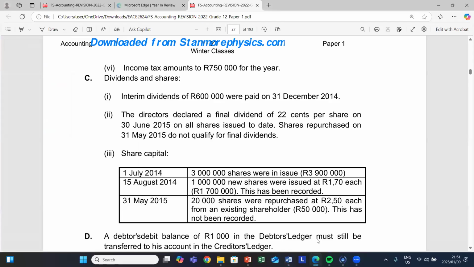Let's look at the following transaction. The second transaction states that the directors declared a final dividend of 22 cents per share on the 30th of June 2015 on all shares issued to date. Shares repurchased on the 31st of May 2015 do not qualify for final dividends. So, meaning what's going to happen there?